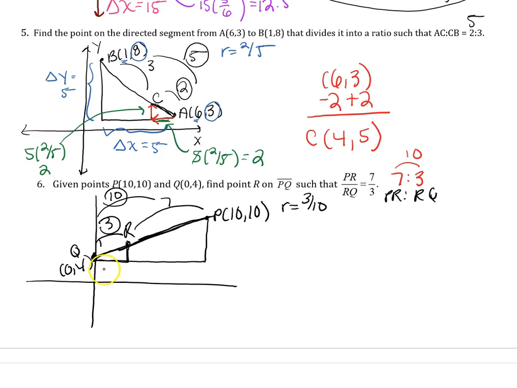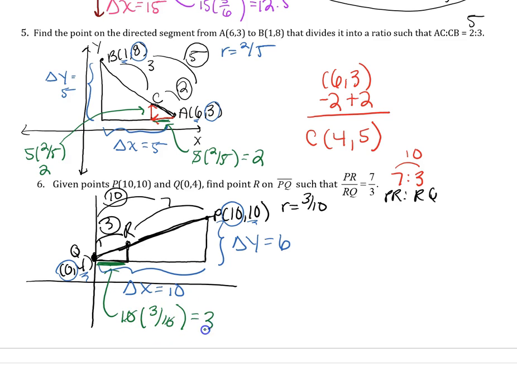Okay. The big triangle is, again, the change in your x from side to side. So from 0 to 10 is just 10. The up and down is your change in y. So that's from 4 to 10, which is 6. That means that this little portion right here is 10, the pre-image, dilated by a scale factor of 3/10.